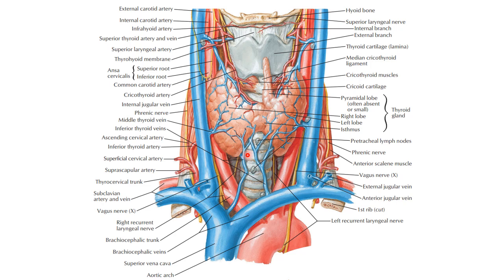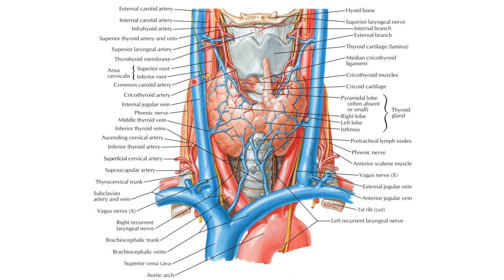Okay, so based on the relative anatomy, you will observe that the thyroid gland sits atop of the larynx and the trachea. Okay, and it is found medial to the great vessels of the neck enclosed in the carotid sheath.